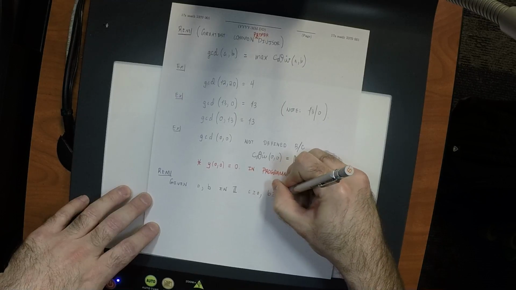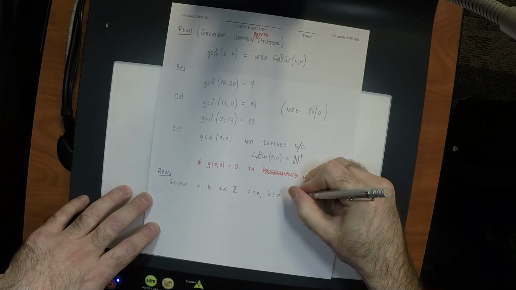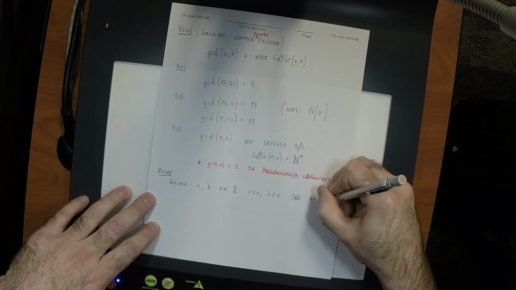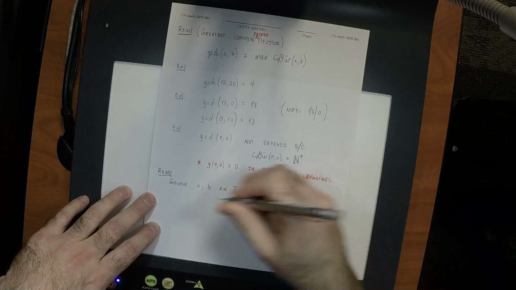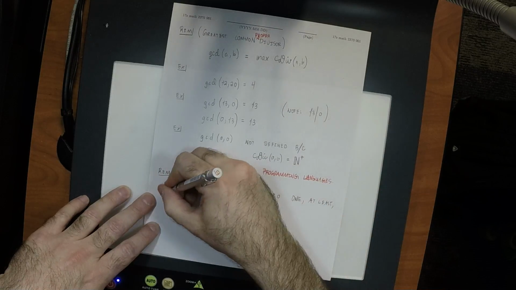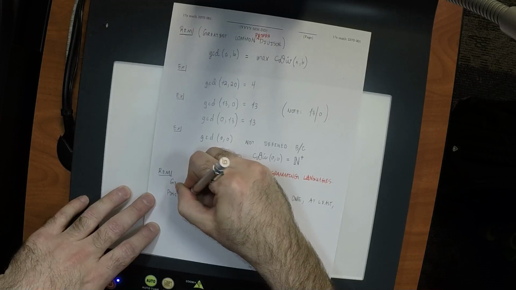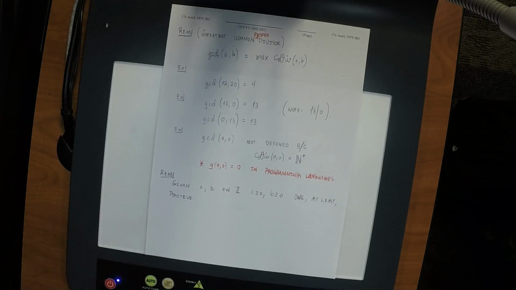B is greater or equal to 0. And at least one of them is positive. Which is to say, it's permissible that they're both positive or just one is positive, but I can't have that they're both 0.